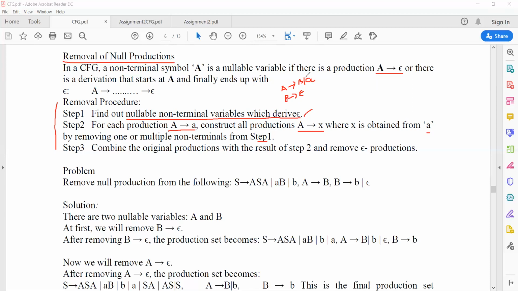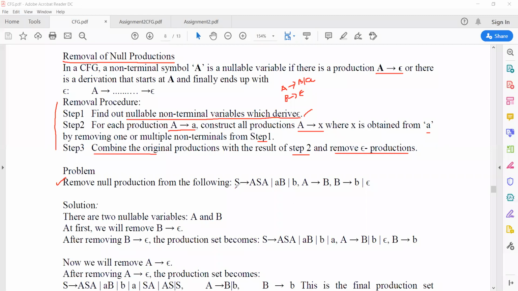Step 1 means this one. Then combine the original production with the result from step 2 and remove the null production. Let us start with the example to see how the null production elimination takes place.